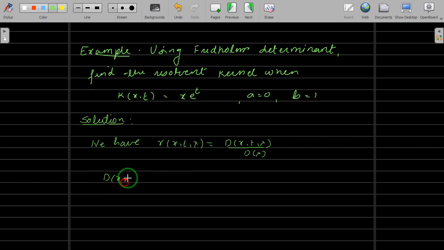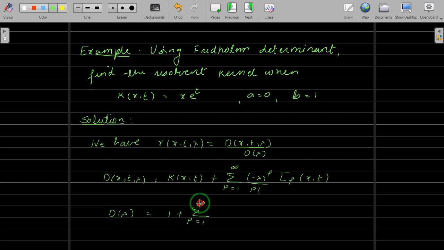So D(x, t, lambda) is given by C0(x, t) plus summation p from 1 to infinity of (minus lambda) raised to p divided by p factorial, and then we have this C_p(x, t), and D(lambda) is 1 plus summation p from 1 to infinity of (minus lambda) raised to p divided by p factorial, and then we have this small c_p.